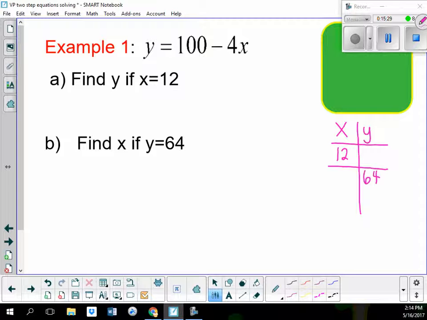So I'm going to take this when X is 12, and I'm going to replace the X in my equation with 12. So I have Y is equal to 100 minus 4, but instead of writing X, I'm going to write 12. Okay, and remember those parentheses mean multiplication.